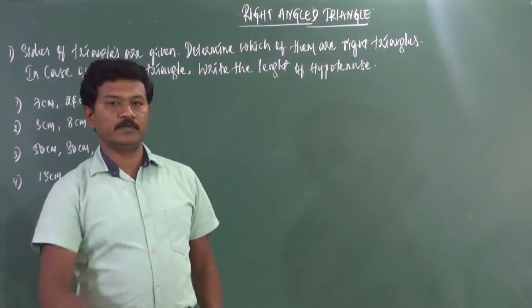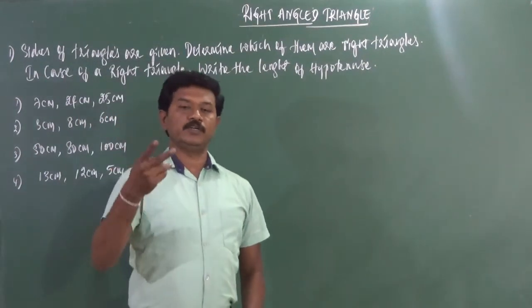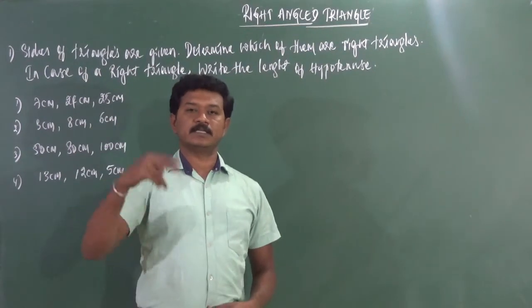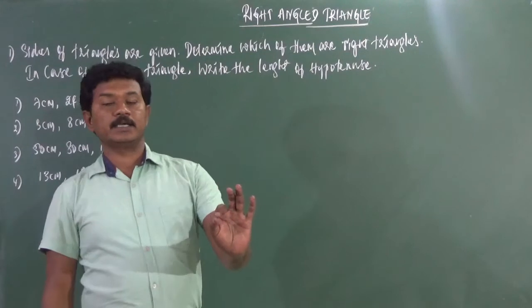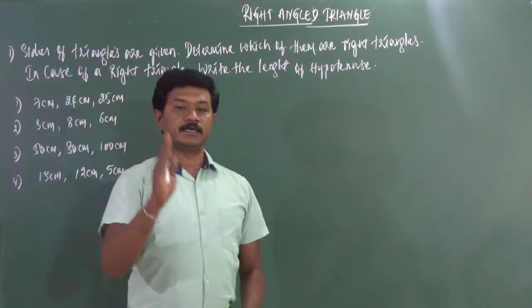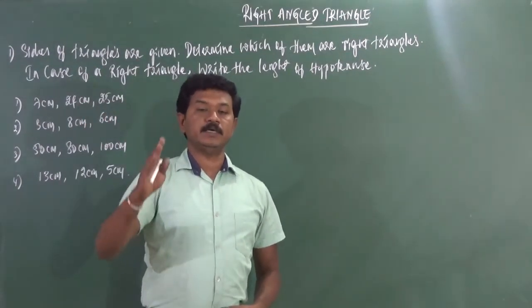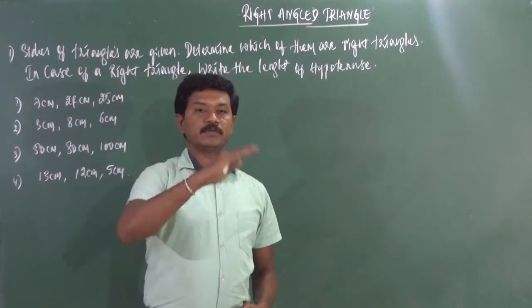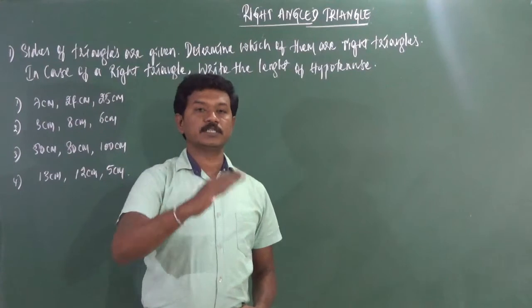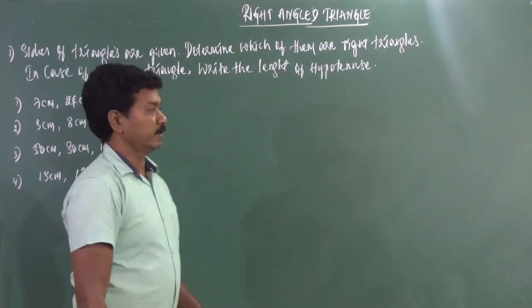But one thing we have to remember here, sum of any 2 sides of a triangle is always greater than the third side. We are not going with that issue now. Just in a right angle triangle I am speaking. In a right angle triangle, hypotenuse will be the longest when you compare it individually with each of the remaining 2 sides of the triangle, right?